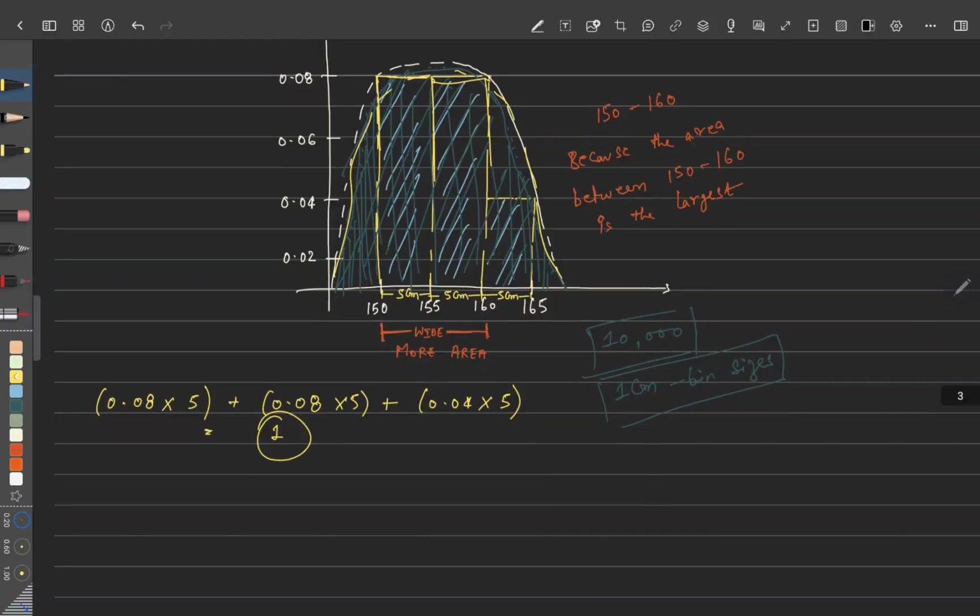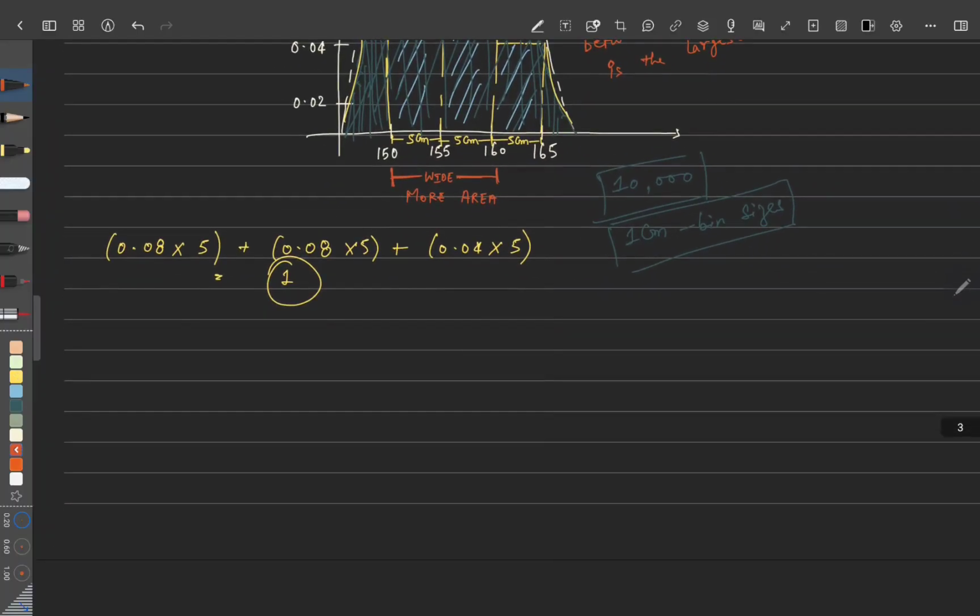And lastly, mathematically, PDF is given by something like this. You are trying to find the probability of finding some point between some range, and let's say the point is x. If you want to find out the probability of this x lying between a and b, then you would write something like this.